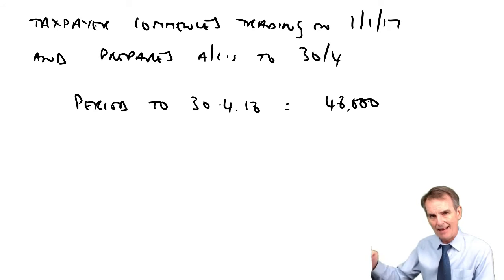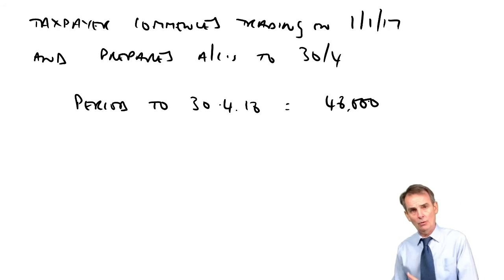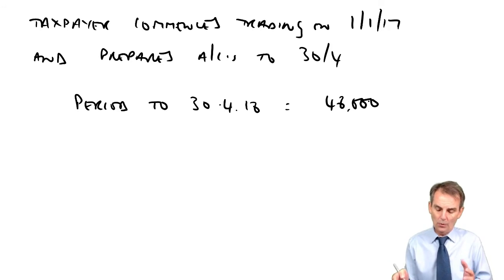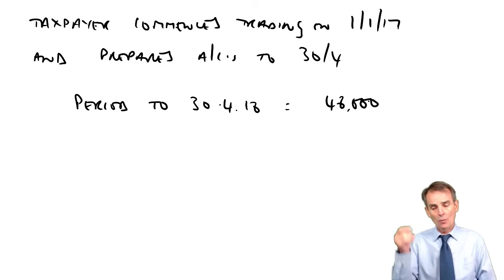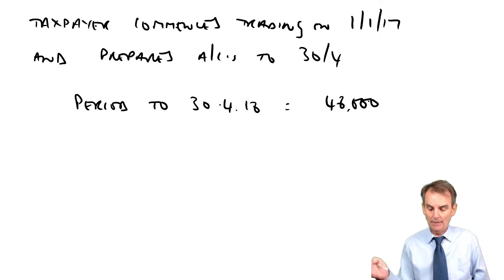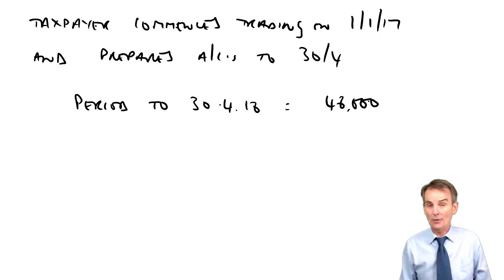So I've got the same average profit per month made. Now you'll see why I'm doing that in a moment's time, because what we're going to be able to do is then compare and contrast what would have happened if we had chosen 31st of March. We've already worked out the assessments, with what now will happen with the self-same profits arising if we'd chosen 30th of April. And then we've got the more interesting issue of deciding.